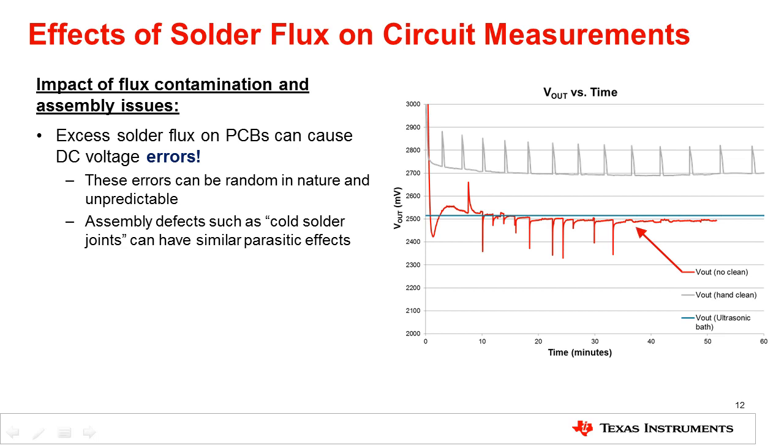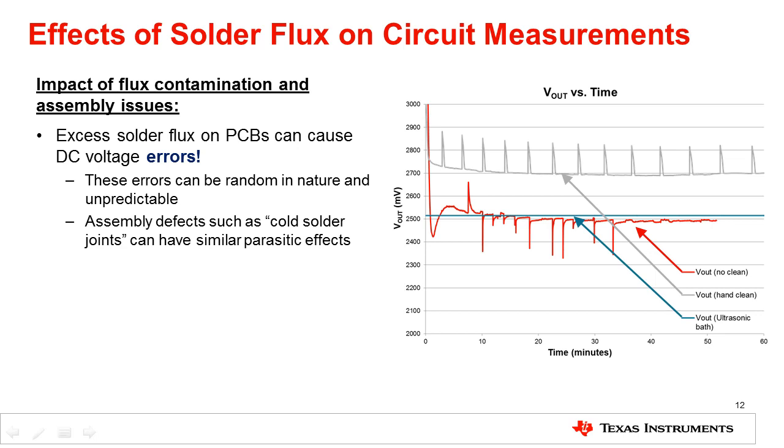Red represents the board when no cleaning is applied, gray represents hand cleaning, and blue used an ultrasonic bath to clean the PCB. The output voltage appeared unpredictable during the measurement process when no cleaning was applied to the board. A DC offset and a periodic spike was seen when only a hand cleaning method was used to remove excess contaminants.